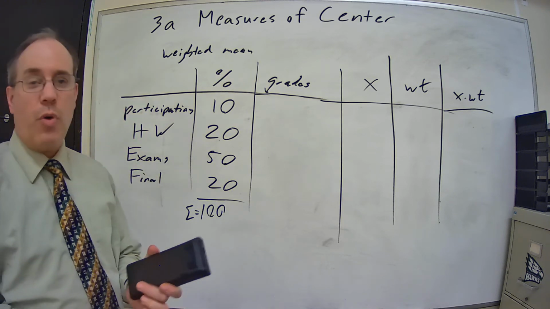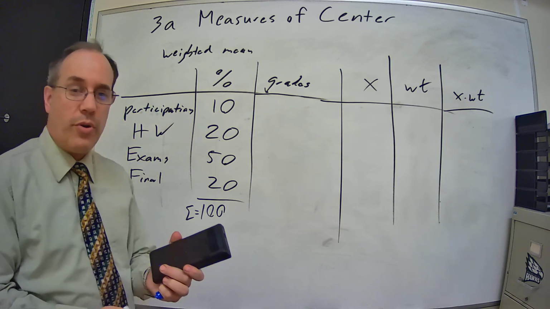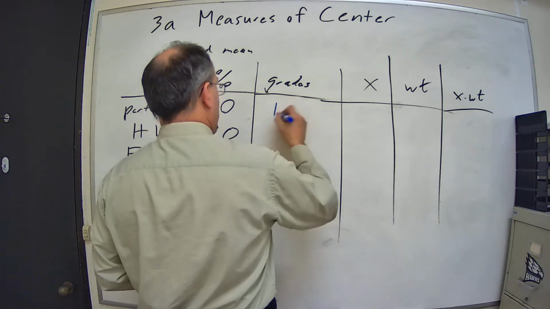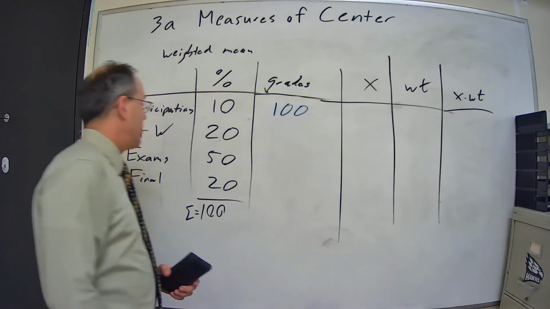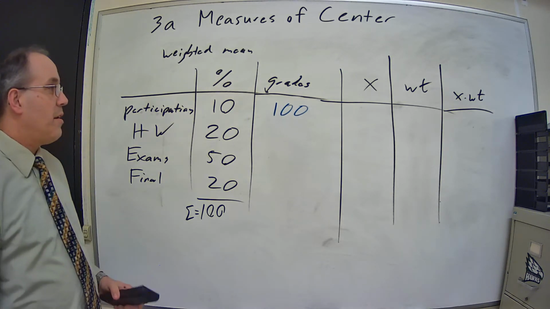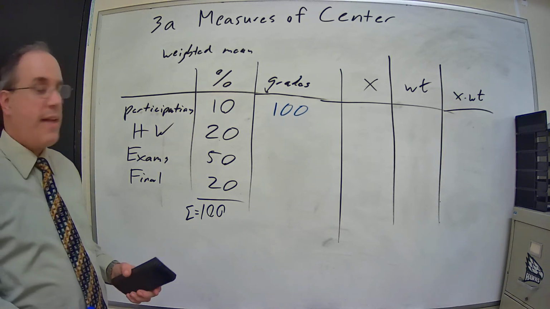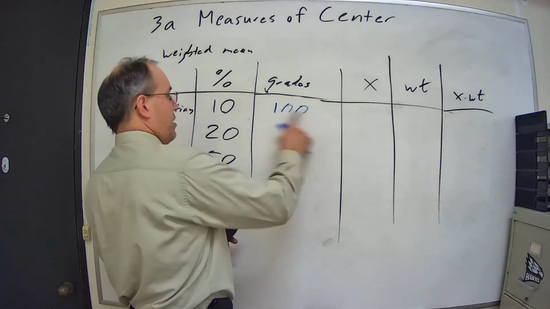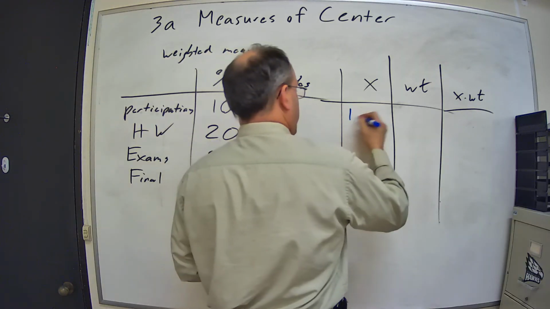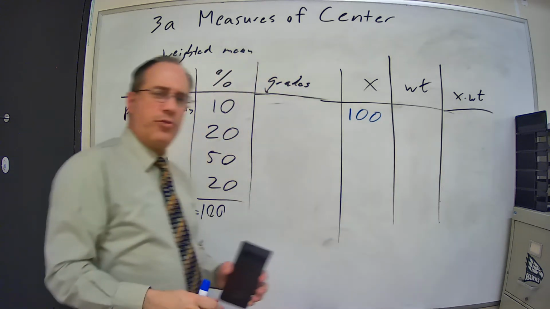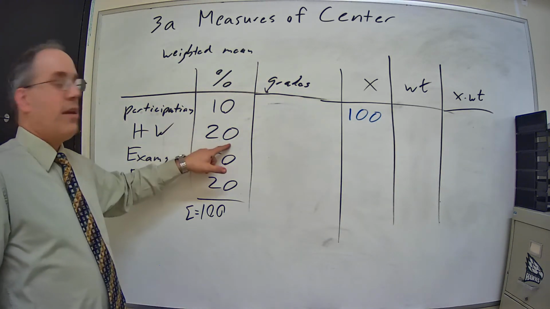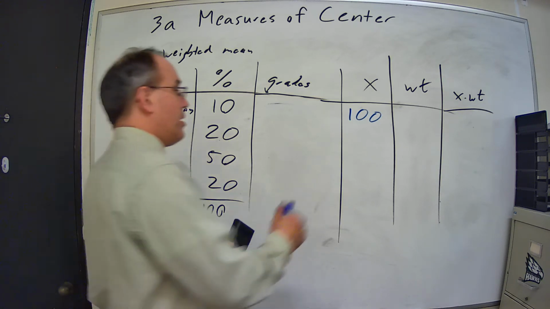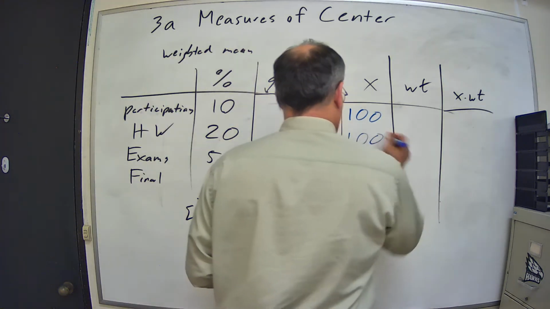Participation. If you watch all the lectures and do all the work, then you get 100 for participation. And I'm actually going to simplify this a little bit and say, okay, well, assuming that you do this for all the things, if you hand in your homework assignments on time, you get a 100 for your homeworks.